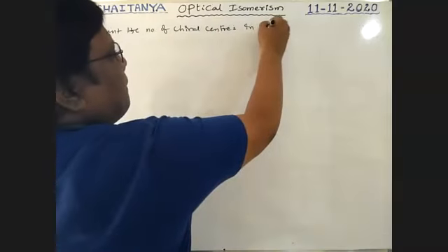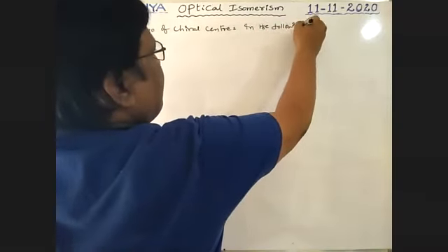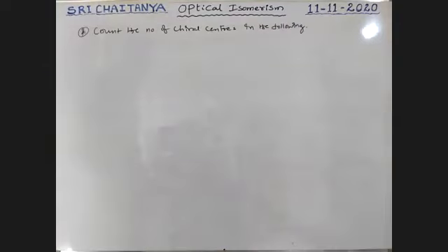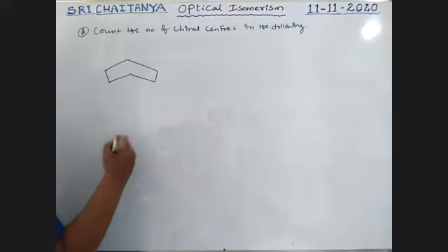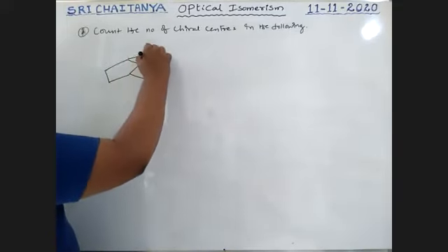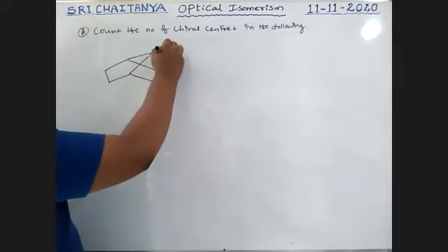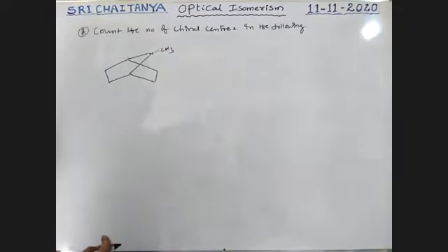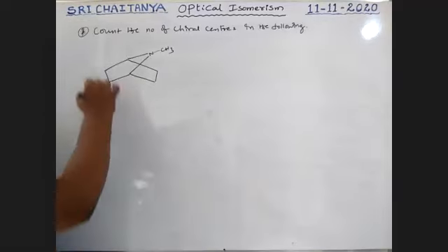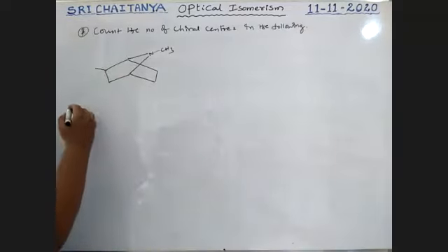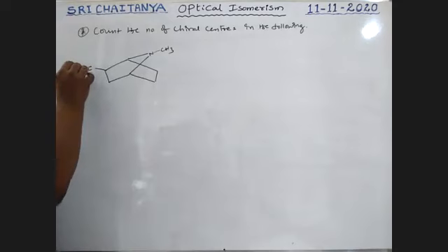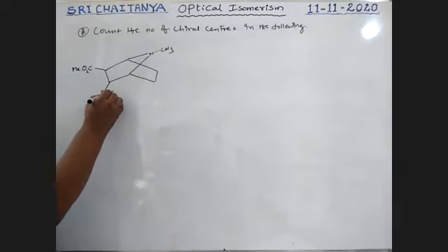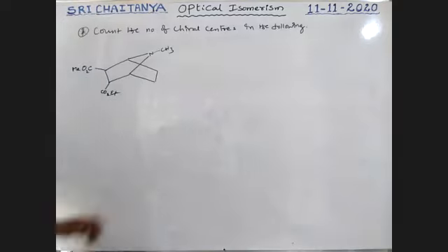Count the number of chiral centers in the following. See here, I am taking this one, boys. I am taking a cyclic compound, a bicyclic compound, with nitrogen, CH3, and a CO2 methyl group. It is CO2 ethyl group. So CO2 means CO, carboxylate.